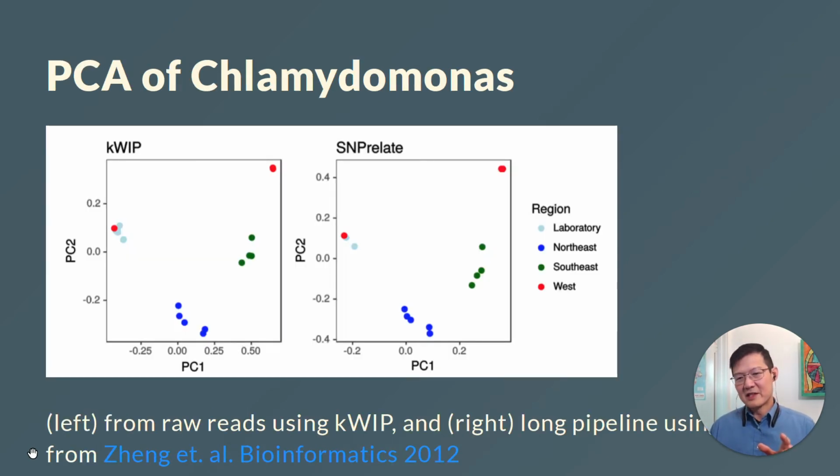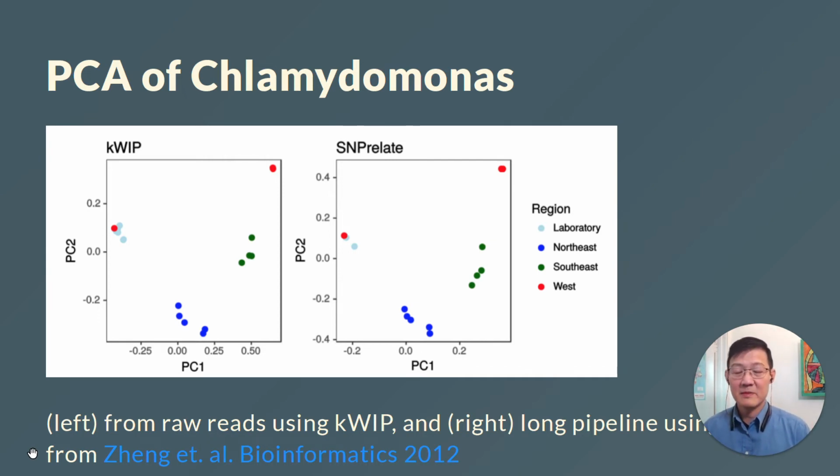Just to give you an example of the kind of result we got in that paper by doing this kind of hashing count of k-mers. On the left is our result. What we did was we took the read file and we counted k-mers in this hashed way.